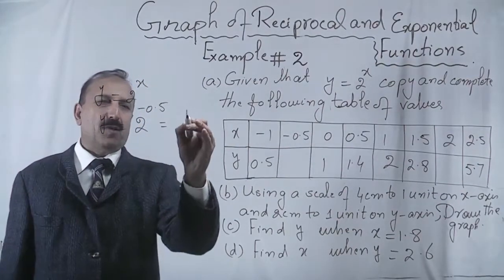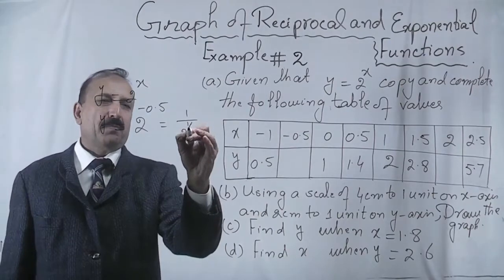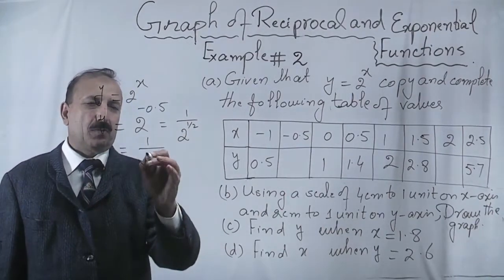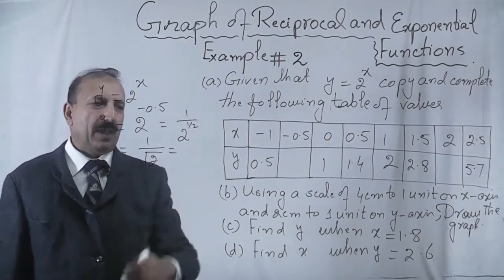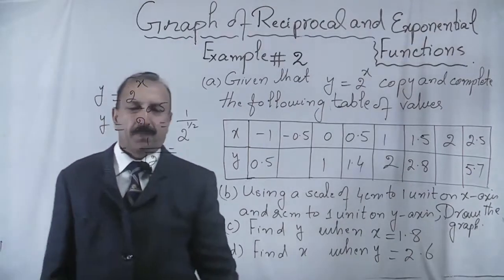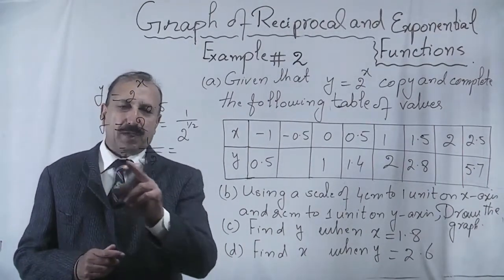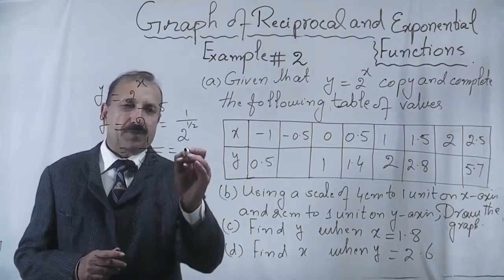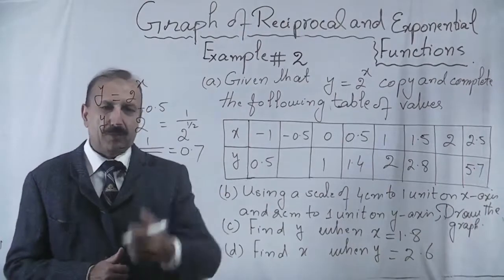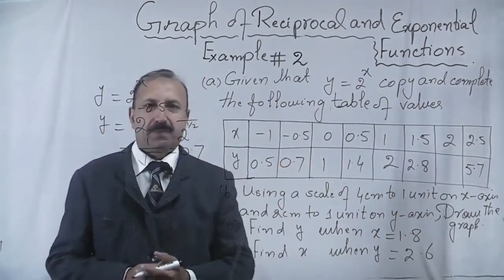We can write this 1 over 2 raised power, this is 1 by 2, and this is 1 over square root of 2. With the help of calculator, we can find this value. Alright, my dear students, after using calculator, this value of y is 0.7. You can calculate on your calculator, and we will write it here 0.7.